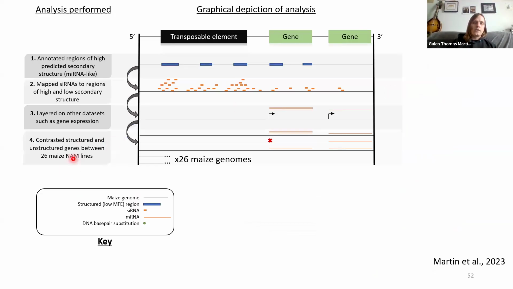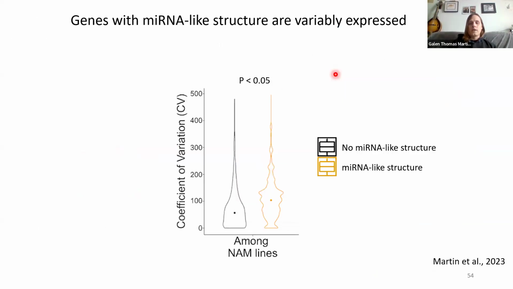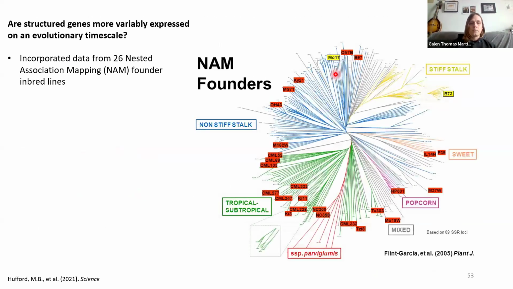So we looked at these 26 NAM lines and looked for differences in expression among them between genes that had structure and those that didn't have these highly structured regions. And of course, I'm sure that everyone here is familiar with the NAM dataset, but it includes these 26 founder inbred lines that are supposed to represent the diversity of modern maize.